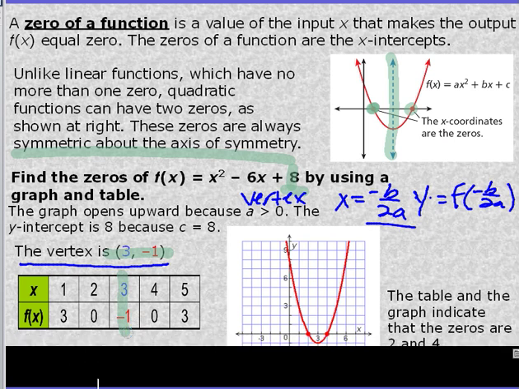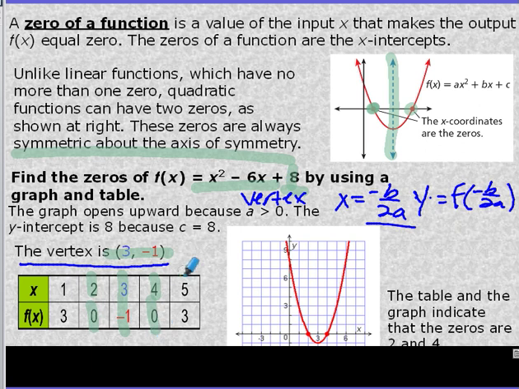If we go out 1 in either direction, and that's what you want to do, start from your vertex, go out 1 in both directions, calculate the value. So we're plugging 2 into this equation, here we plug 4 into this equation to get our values, and we can see that the next value over is going to be our zeros.